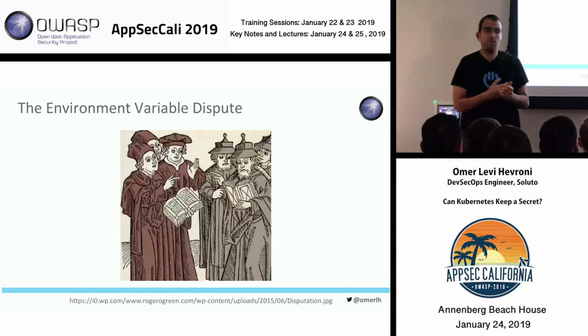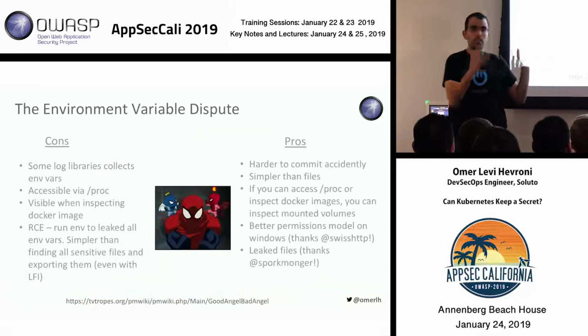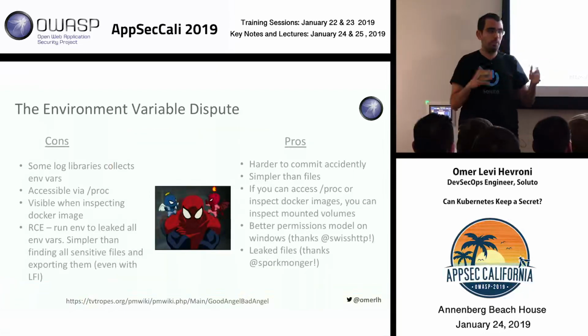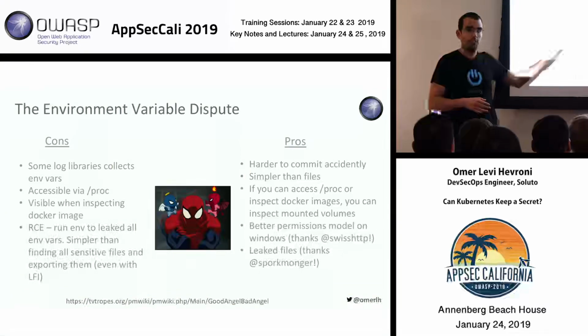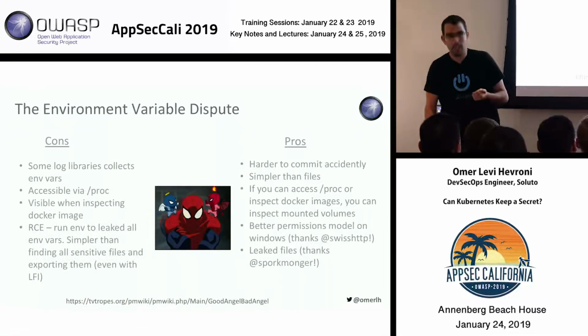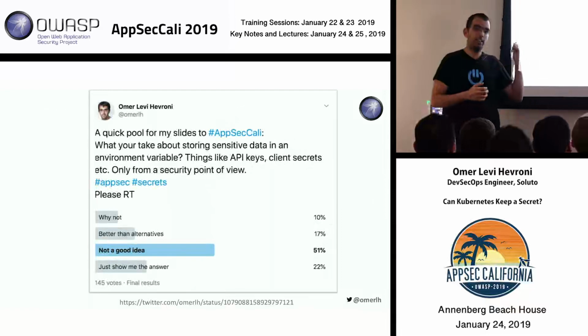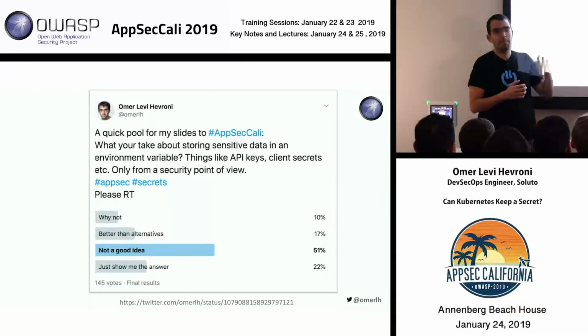There is a huge dispute whether it's a good or bad idea to use environment variables for sensitive information. And I tried to put some arguments there because there are good arguments for both sides. Don't bother reading it. There is a lot of information here, and I'll put the slides on Twitter later. This is just for reference. But I said, OK, let's see if there is a dispute or wide agreement. So I put this Twitter poll, and yes, I had a really embarrassing grammar mistake there.